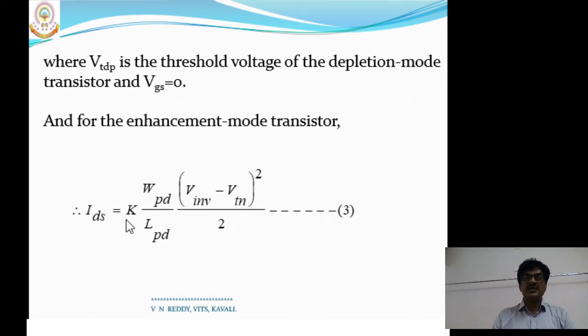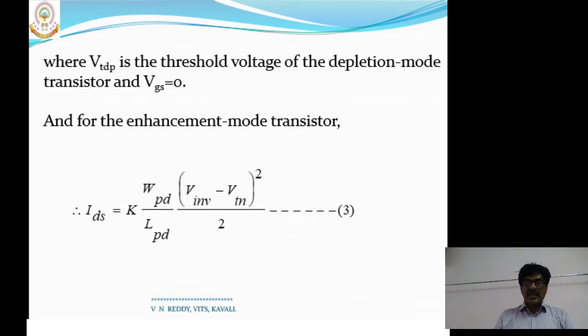So IDS equals K WPD by LPD into (VINV, that is inverter voltage, minus VTN, the NMOS threshold voltage) whole square divided by 2. Assume this is equation 3.